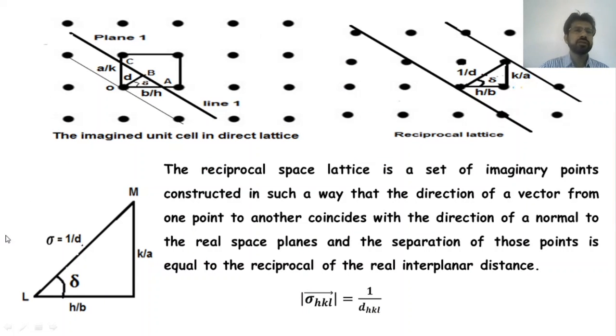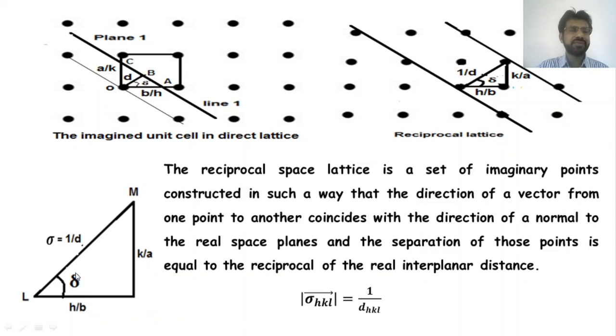Now, this is the previous figure. How can we show sigma in this figure? If we take the inverted image of this, it will look like this. So here we get sigma equal to 1 upon d.